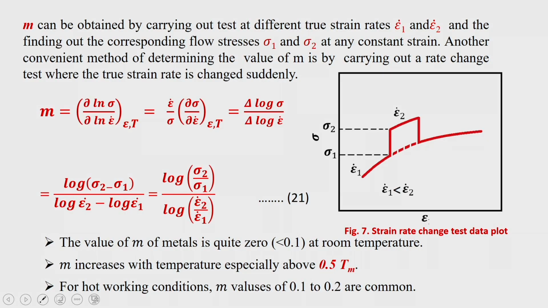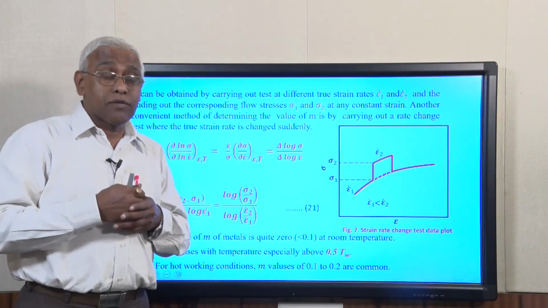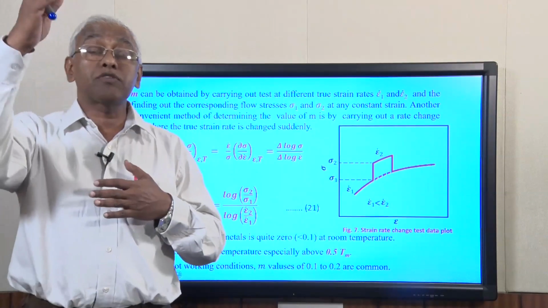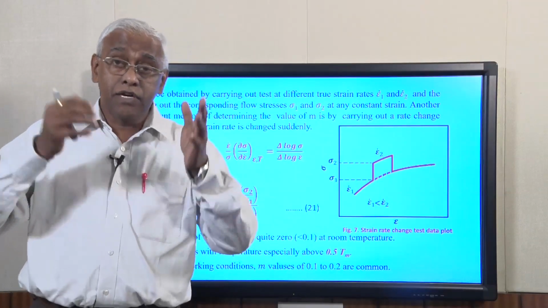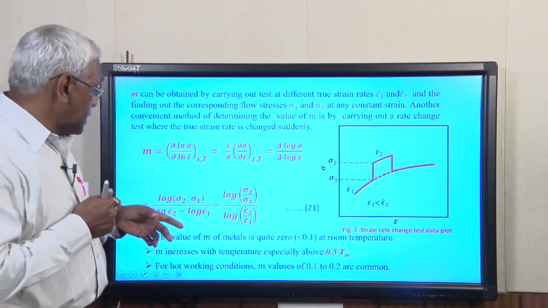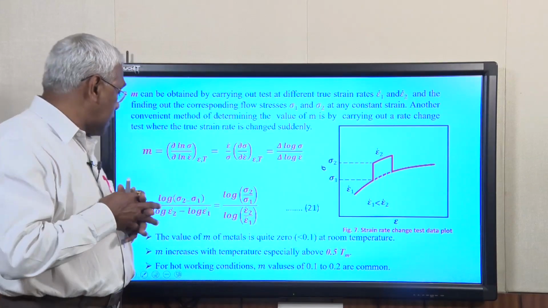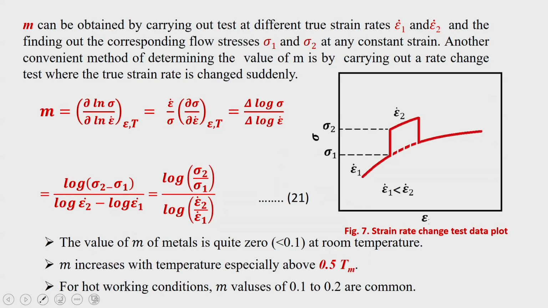You may please note that the value of m for metals is almost 0, much less than 0.1, at room temperature. At room temperature, there is not much influence of strain rate; it remains almost constant. But the situation is complicated at hot working conditions, at a higher temperature where the flow stresses are lower. In that condition, you will find an appreciable value of m.